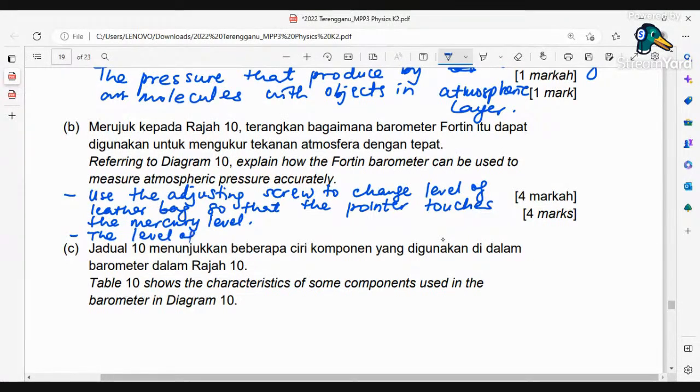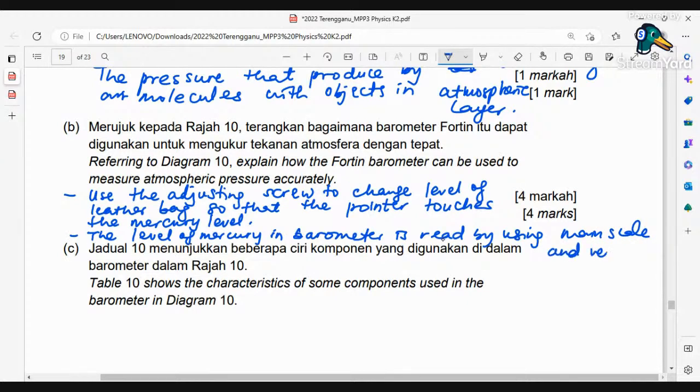The level of mercury is read by using main scale and vernier scale. You can see there are two types of scale there, main scale and vernier scale.